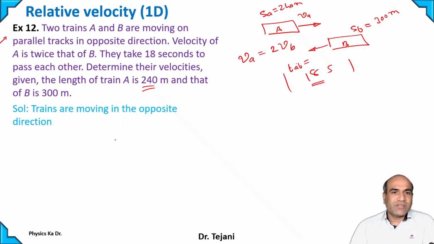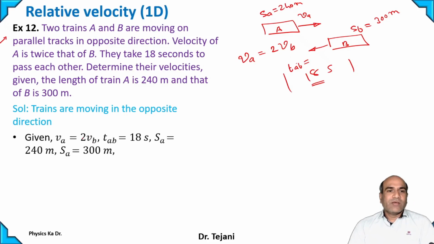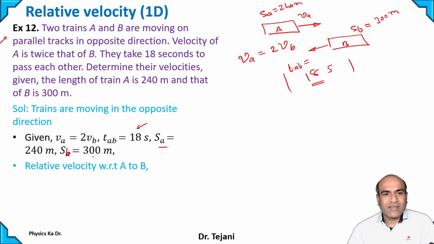Excellent question. So given data, trains are moving in the opposite direction, therefore this VB should be negative. Given VA is equal to 2VB, fine. TAB, that means relative distance traveled in 18 seconds, and SA is 240, SB is 300 meter. So relative velocity, VAB is equal to VA minus VB, and VA is equal to 2VB.